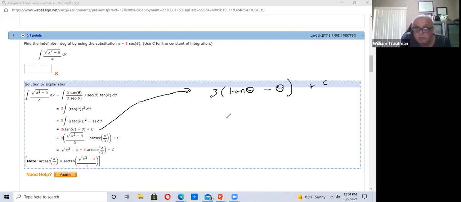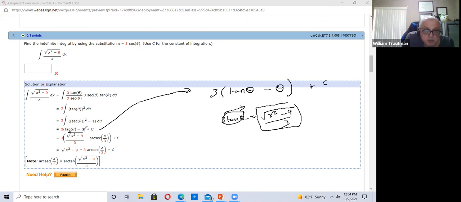Well, this is what we wrote down: 3 tangent theta equals the square root of x squared minus 9. If I bring the 3 over to the other side by dividing by 3, then tangent theta equals this. So this is what we had written down already, part of that rule at the beginning.